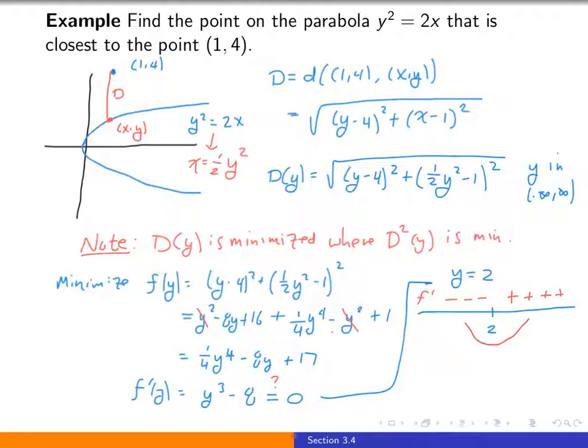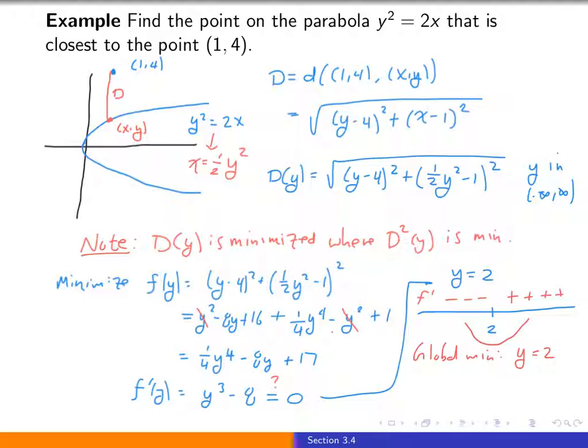So typically we would say y equals 2 might correspond to a local minimum by the first derivative test, but here it's actually a global minimum, because it is decreasing everywhere to the left of 2 and increasing everywhere to the right. So we have a global min corresponding to y equals 2.